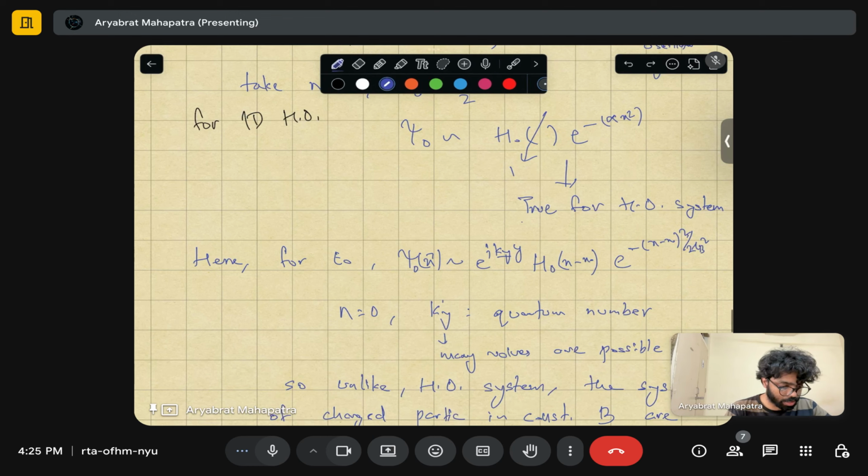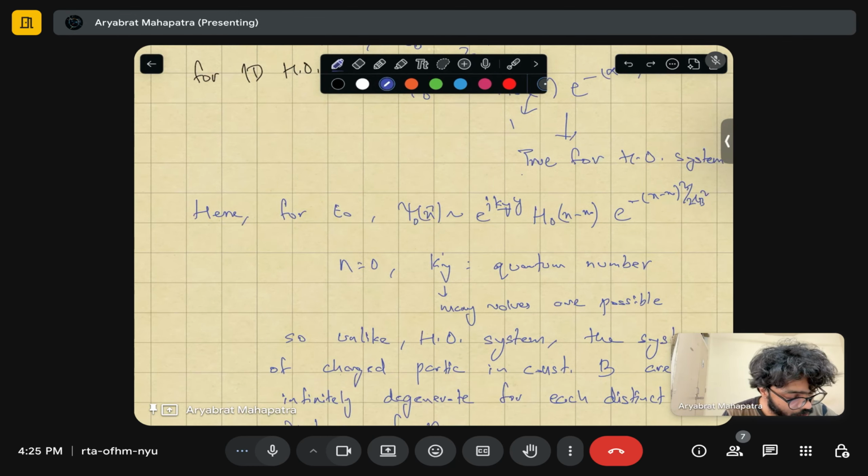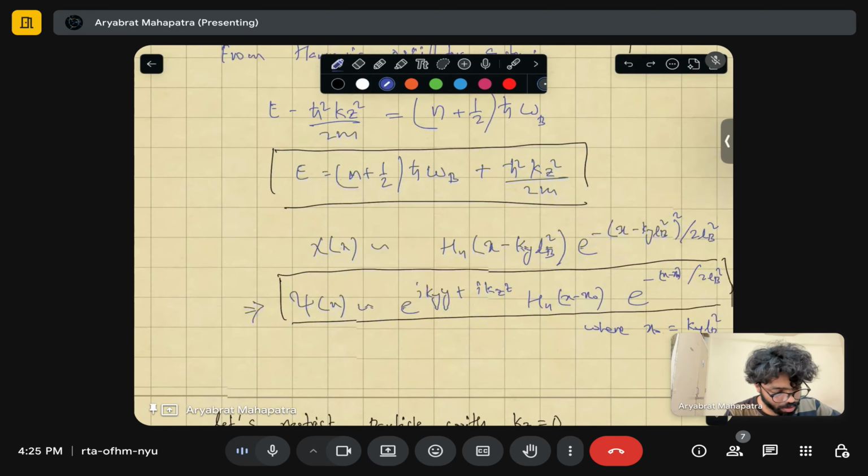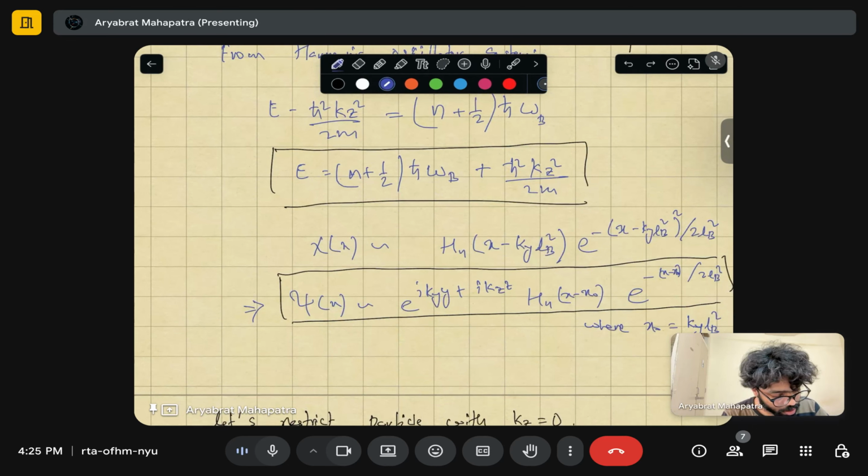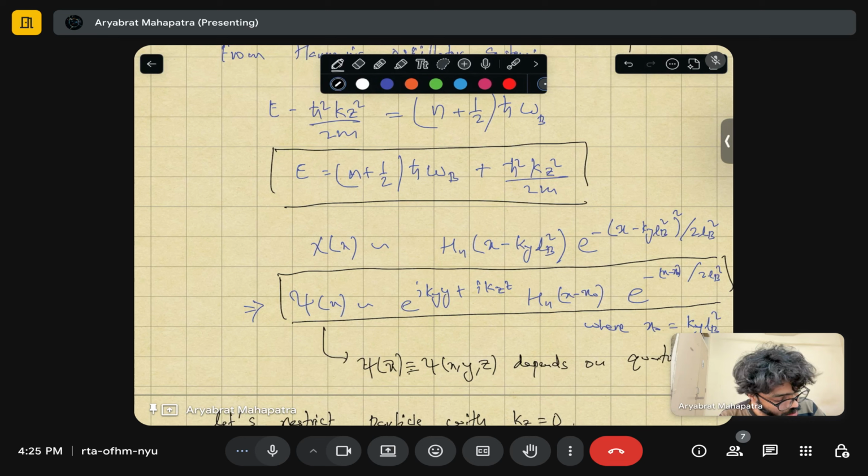So this tells that our wave function not only depends on n, but psi of x, y, z depends on the quantum numbers ky, kz, and n.